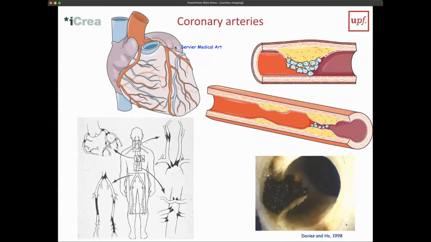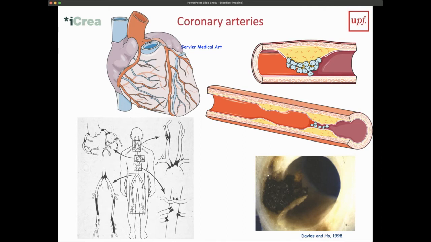We have two coronary arteries originating from the aorta, right above the aortic valve, a left and a right, and the left splits immediately in two. So clinically, we have three coronary arteries that come from two origins in the aorta, and they provide the blood to the heart muscle itself.